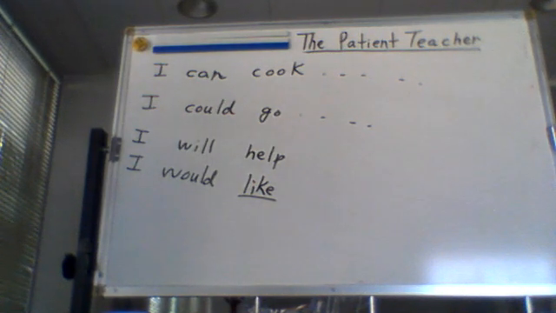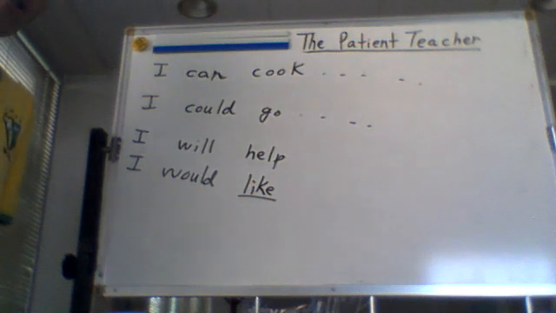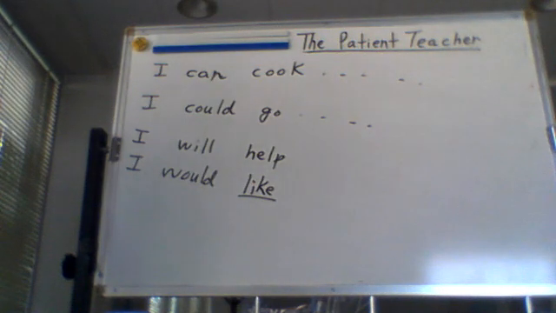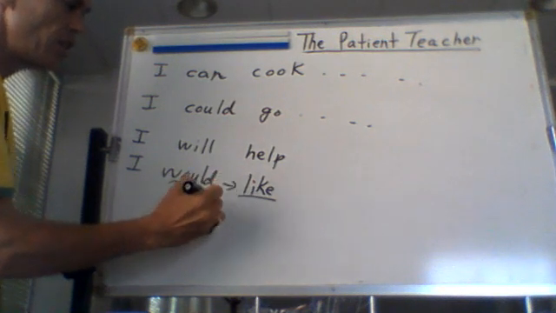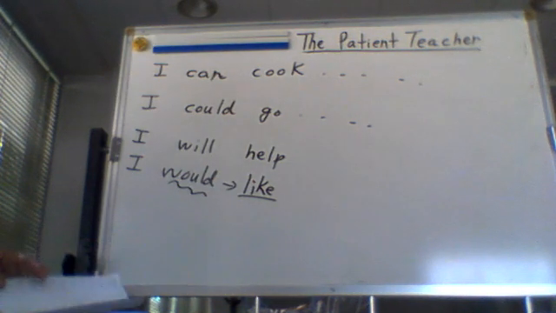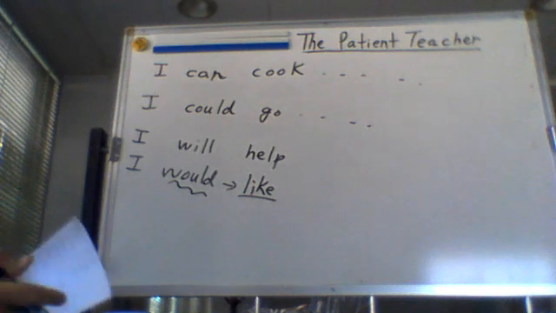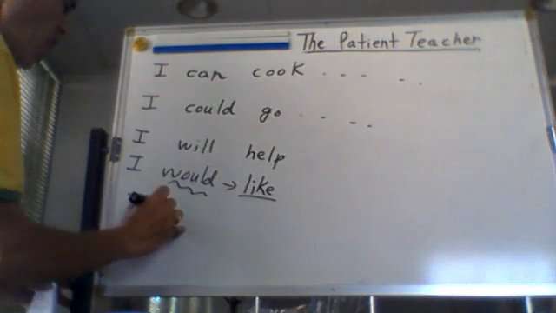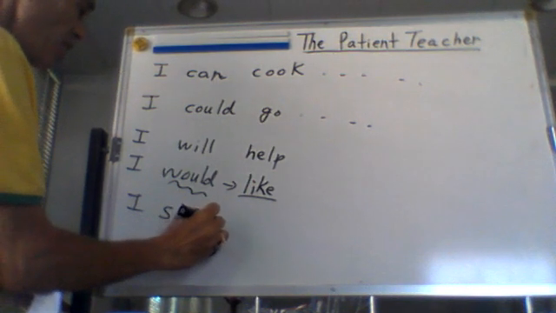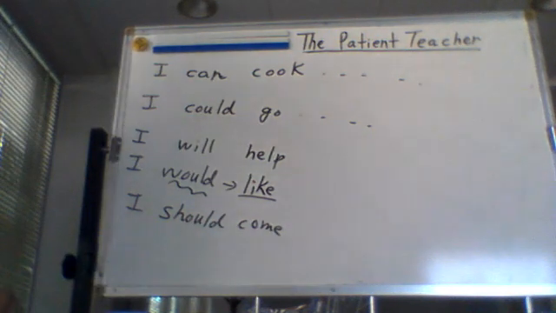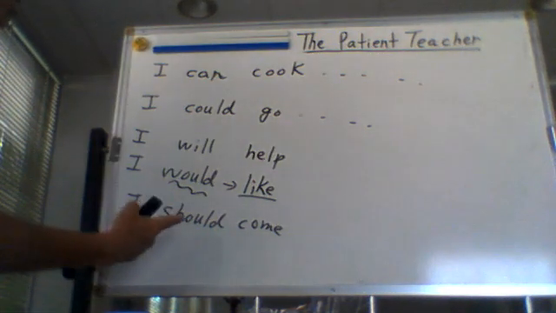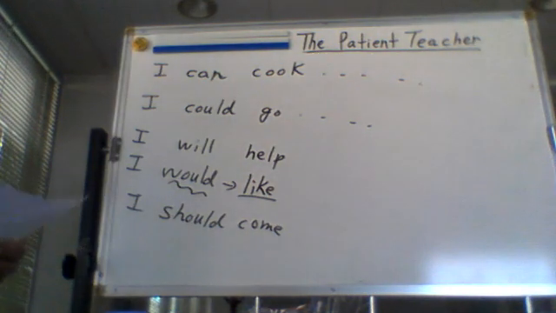I would like to go with you to the store, right? So keep that in mind. I should come with you, right? Maybe it's dangerous or you need some help and the person says, I should come with you.